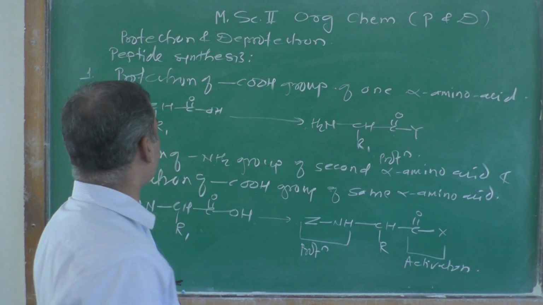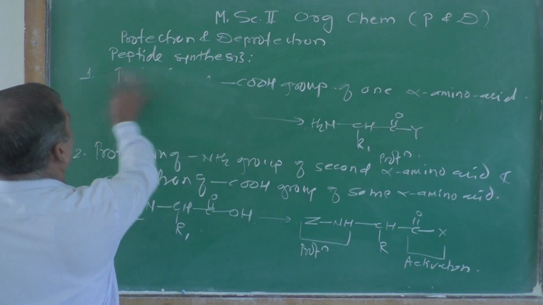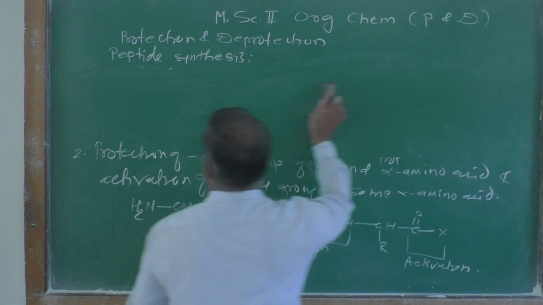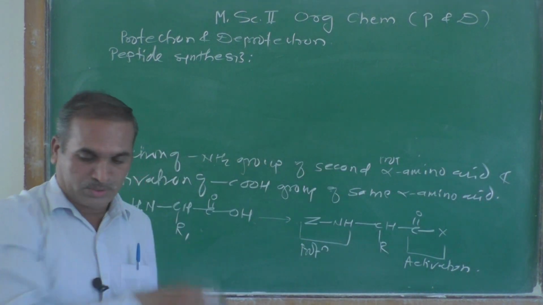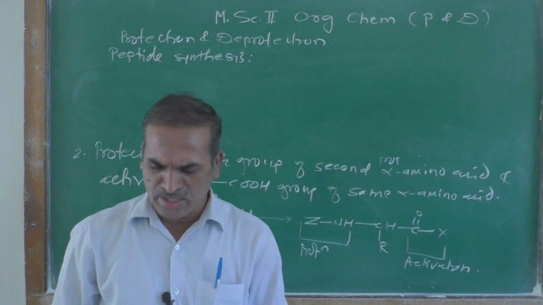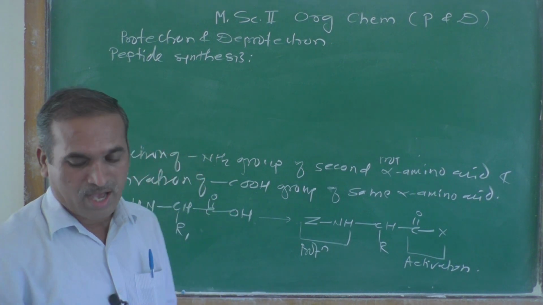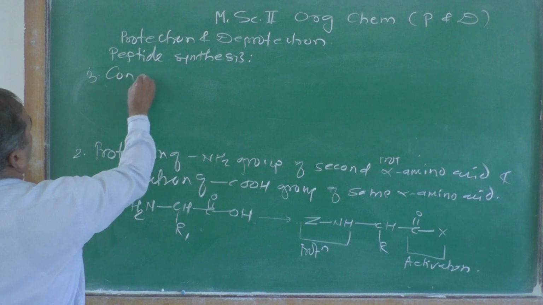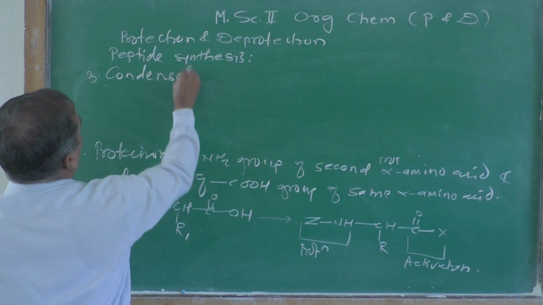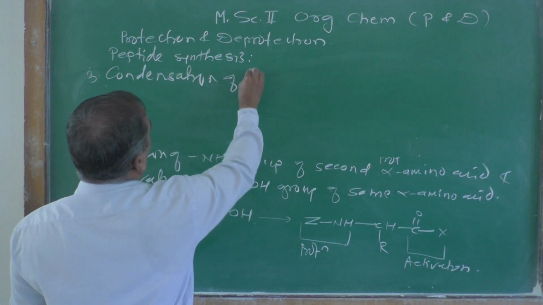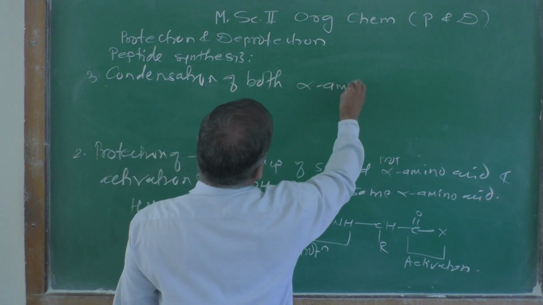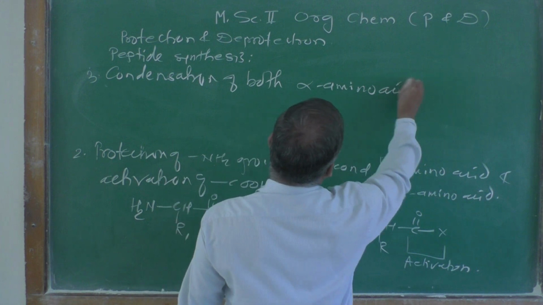Now let us look at the third step here. What is the third step? We are going to carry out condensation of both alpha amino acids.